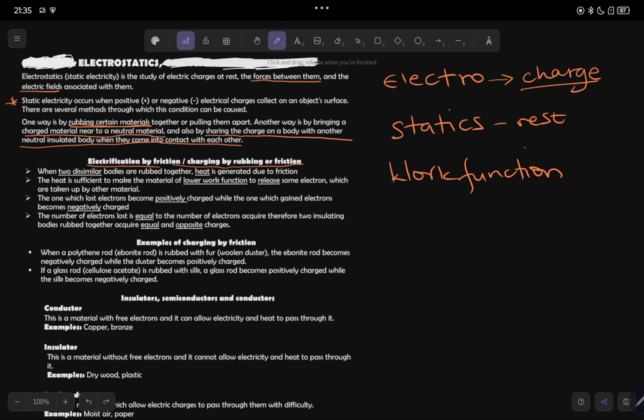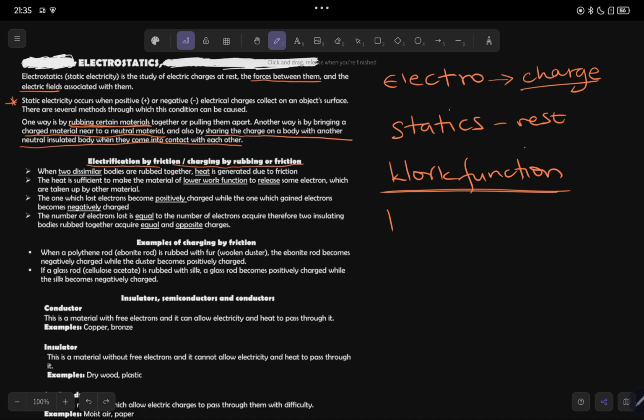Now, the energy that we are required to use to liberate or to remove one electron from the surface of any substance is what we call the work function. So work function is the minimum energy that we require to remove one electron from the surface of the material.